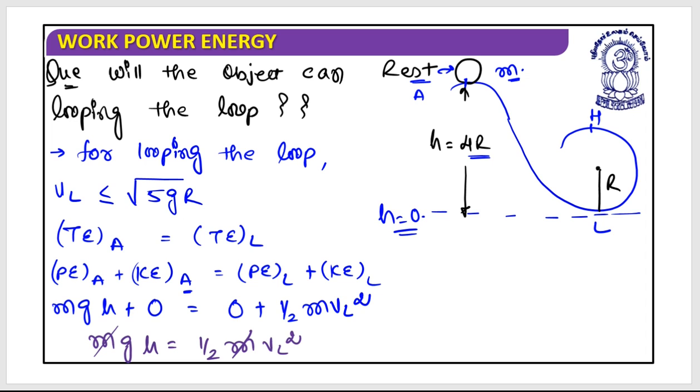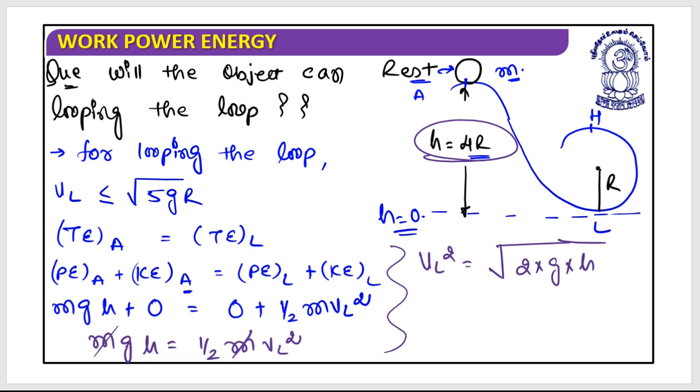The m has gone, and vL square should be equal to 2gh, so vL is the root of 2gh. If I write h equal to 4r, it is 2 into g into 4r, that is root of 8gr. This is vL. Is it clear?